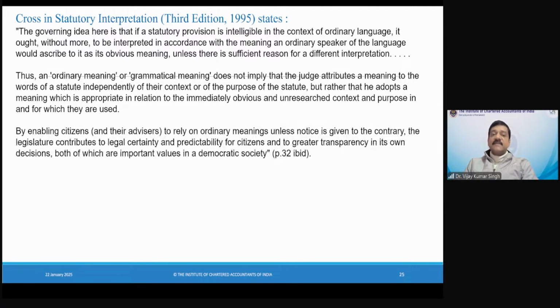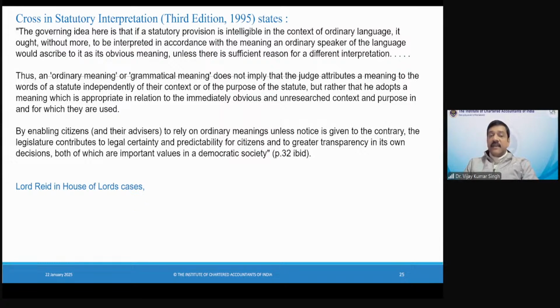By enabling citizens and their advisors to rely on ordinary meanings, unless notice is given to the contrary, the legislature contributes to legal certainty and predictability for citizens and to greater transparency in its own decisions, both of which are important values in a democratic society.